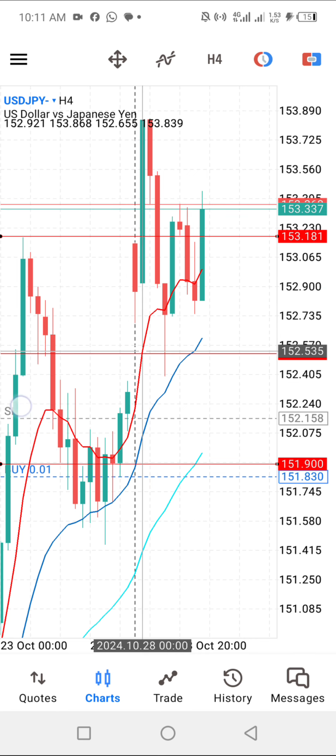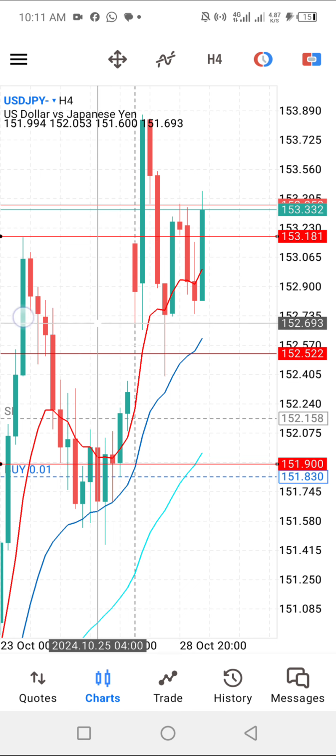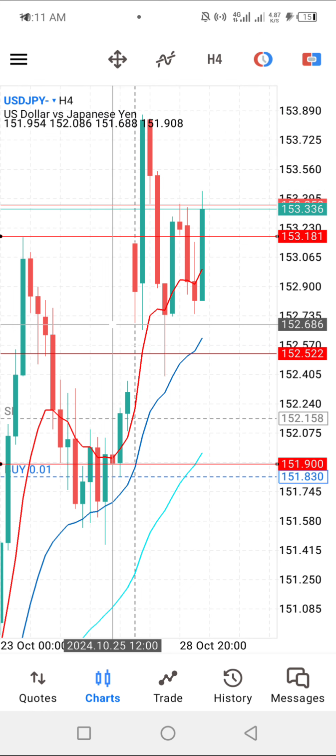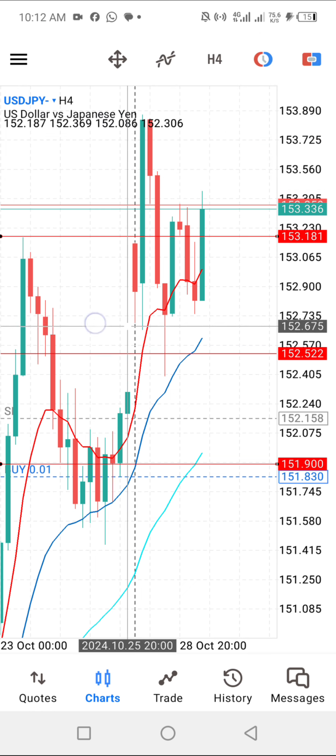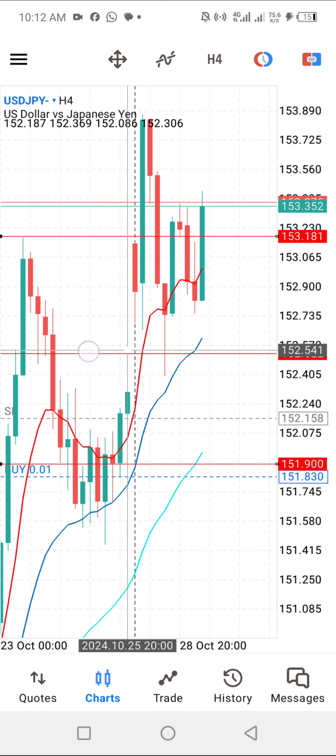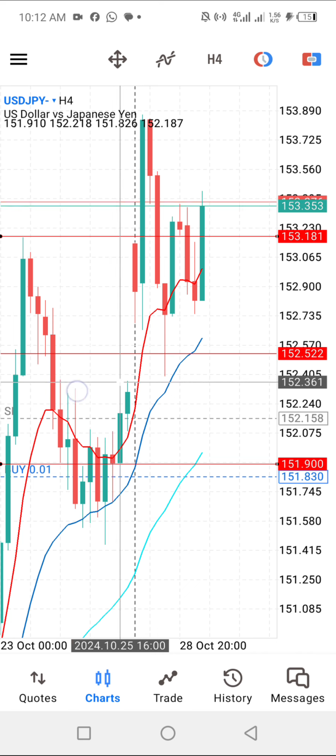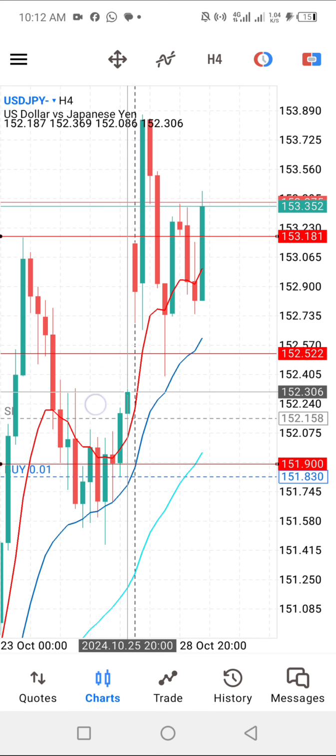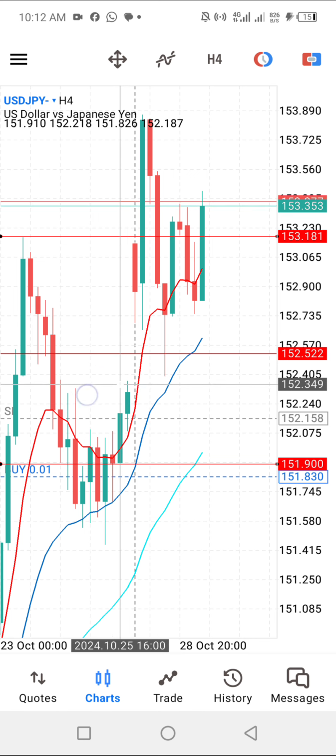Look at it. But before then, I had already taken another Fibonacci assessment of that gap. I placed my Fibonacci tool at the base of this red candle here, the beginning of the gap, up to the end of the gap here, which is the tip of this blue candle. I marked the 50% level, expecting that even if price dips into the gap, it should reverse at around 50%.